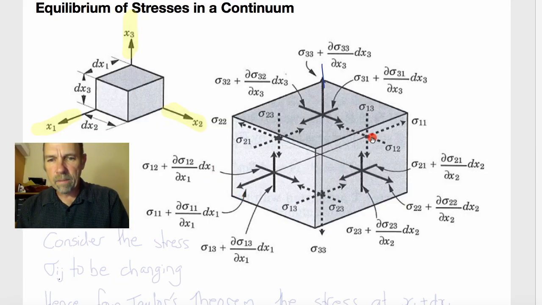Now you can see on the back faces here are the tractions we defined before. So this is the one face, and normal to that is sigma 1,1, the normal stress in the x1 direction. And then there are two shearing tractions, sigma 1,3 and sigma 1,2.